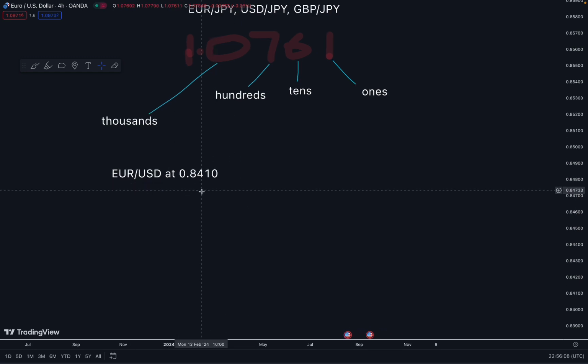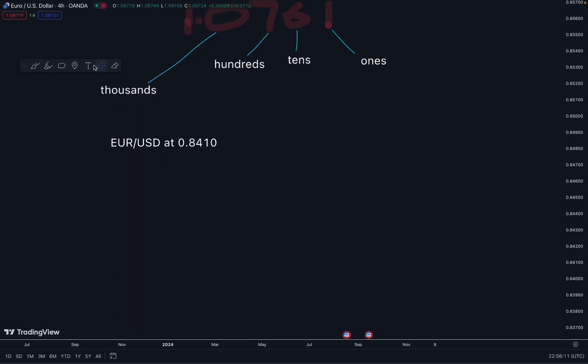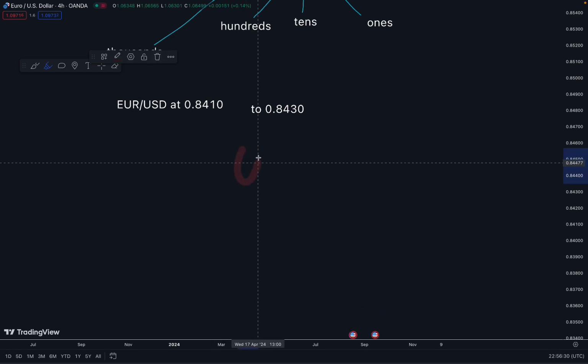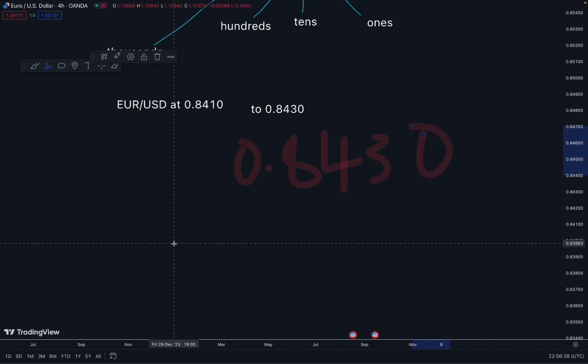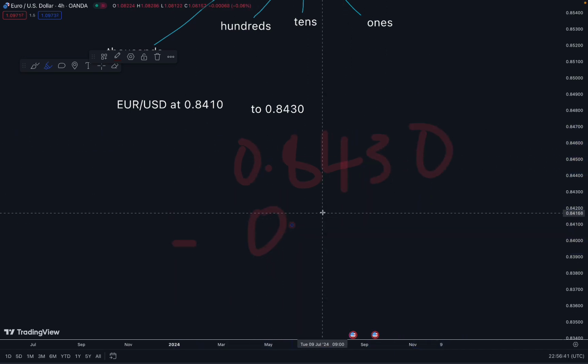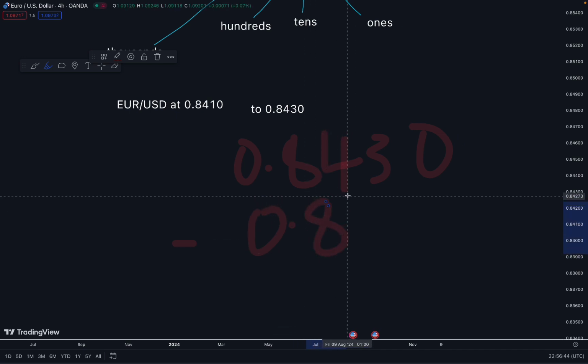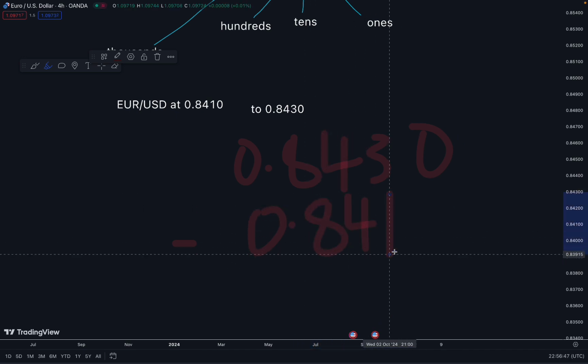So with this price, let's say it moves to 0.8430. For us to know the pip difference, we subtract the smaller number from the bigger number. You're going to get 0.8430 minus 0.8410.